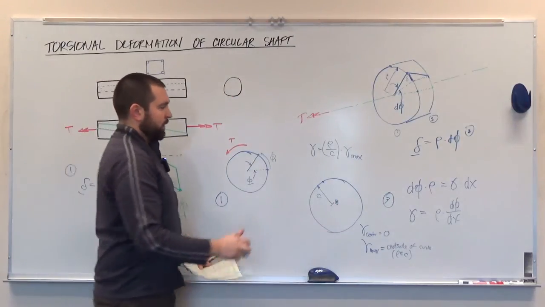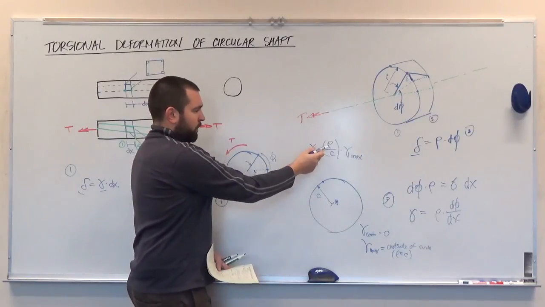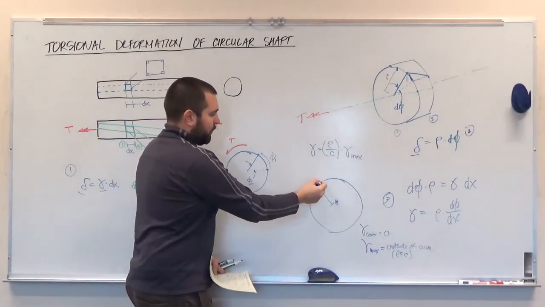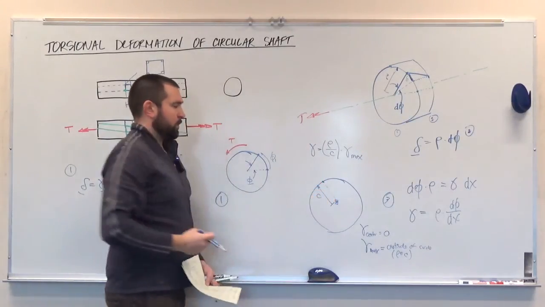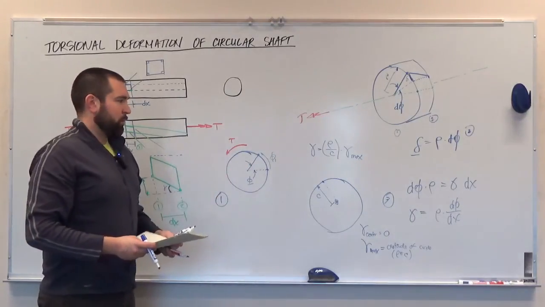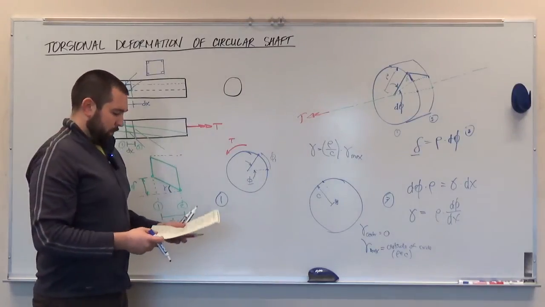At the center, rho is going to be 0. At the outside, rho is going to be equal to c, so this ratio would be 1/1. And so we can interpolate at any point in between what the shear strain is going to be. That's going to be important when we start applying Hooke's law to this relationship and start looking at stresses instead of strains, which will be the next video.